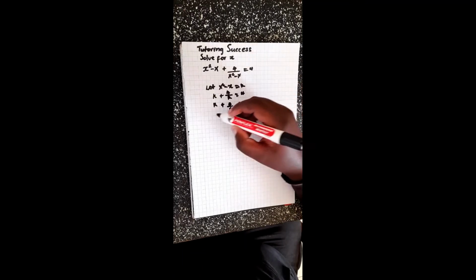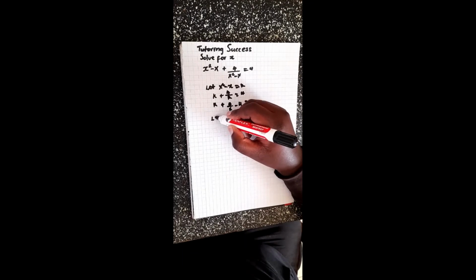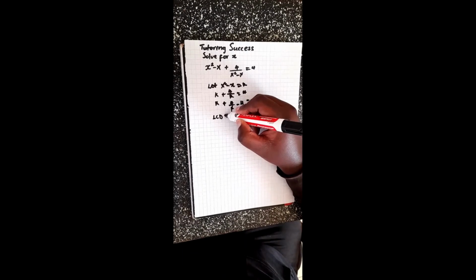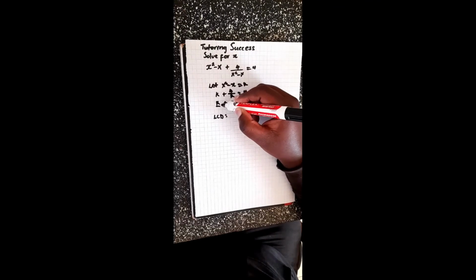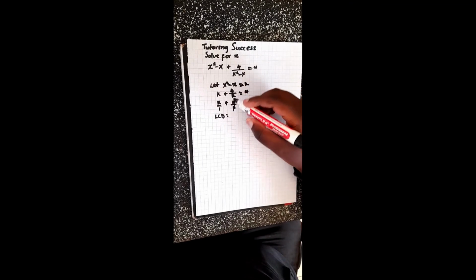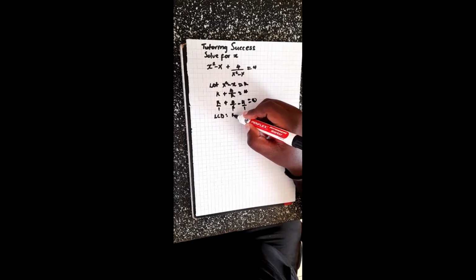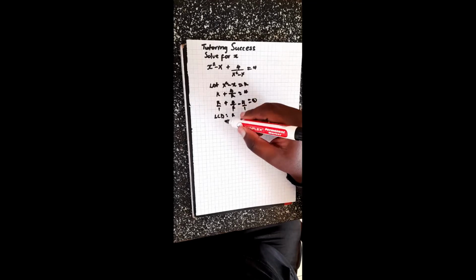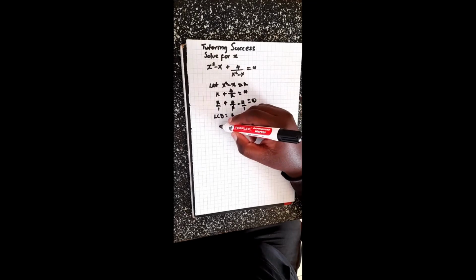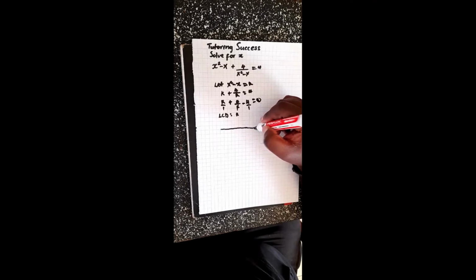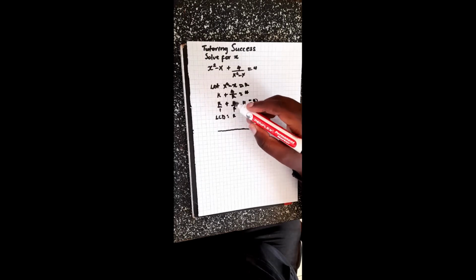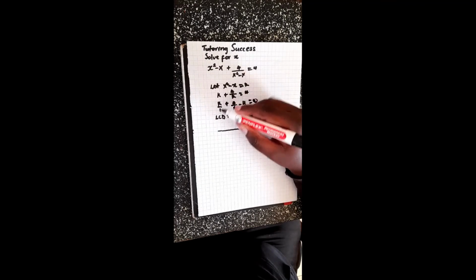And then from this point, you are looking for your LCD, guys. Your LCD is basically just multiplying your denominators. Here is the same as 4 over 1, and here is the same as k over 1, so our LCD is simply k. After this step, I once told you that you must use a long division line, and then you take this fraction as it is.